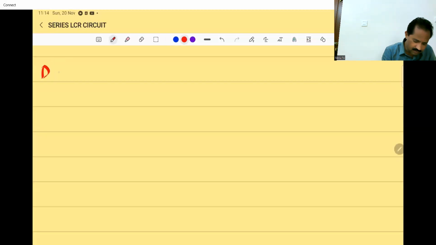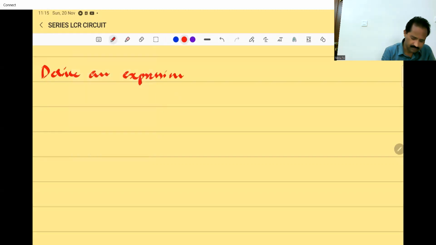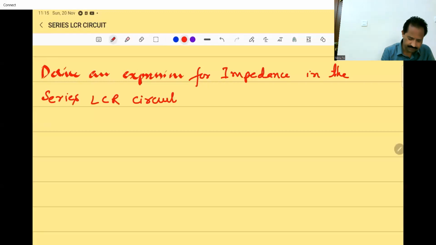Derive an expression for impedance in the series LCR circuit and also current and phase angle.